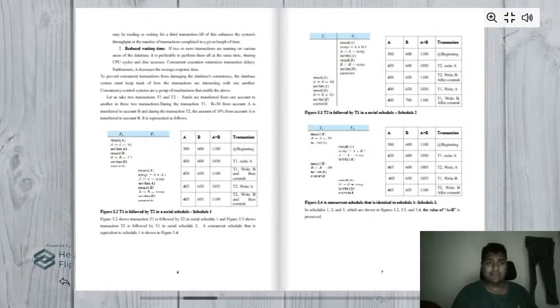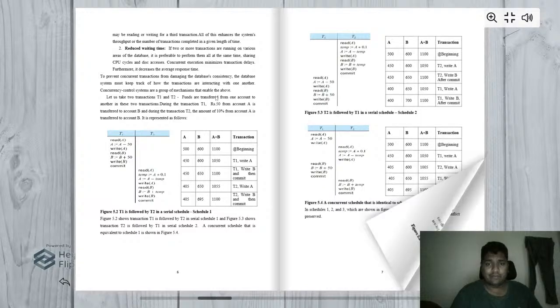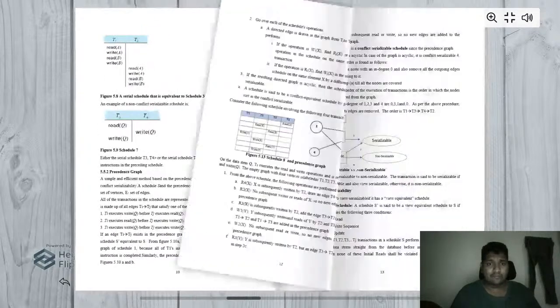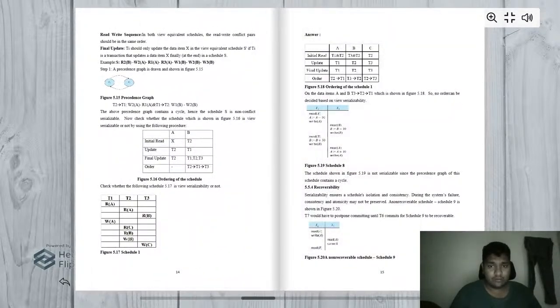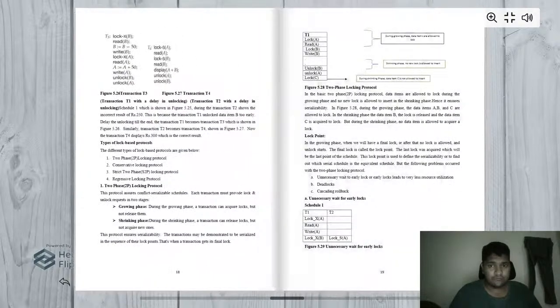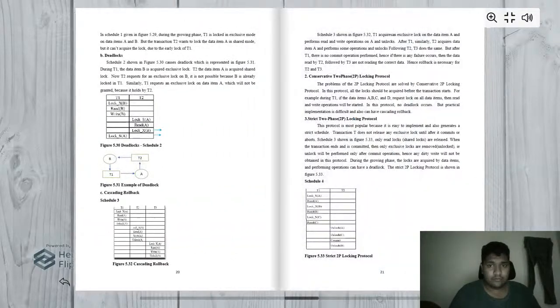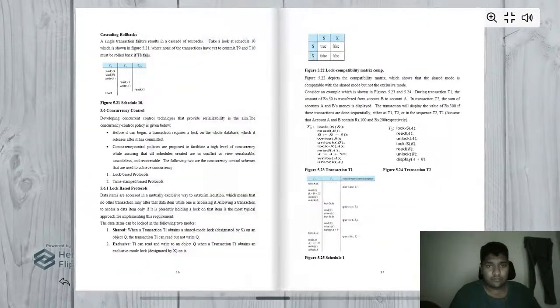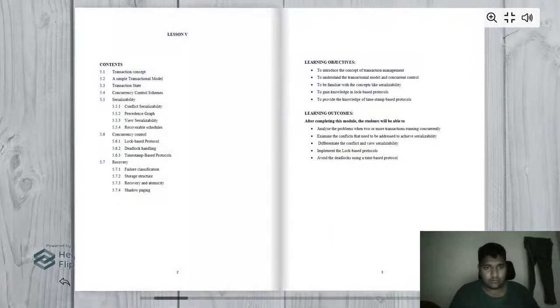Concurrency control means that it will reduce the waiting time, everything can be reduced. Okay. Concurrency control I have explained.